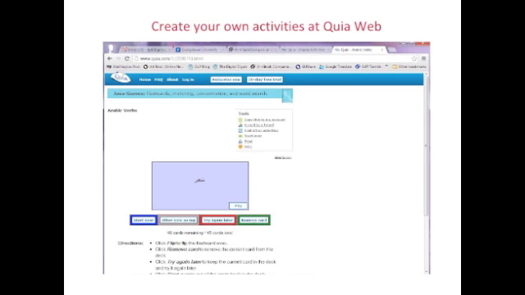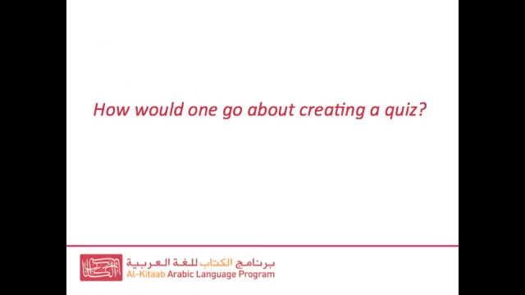Good question. You go back to your dashboard and you see my tools here. It says create a quiz. If you click on create a quiz, you'll be taken to a screen, and I'm sorry that I don't have a screenshot to show you. My internet connection completely petered out.